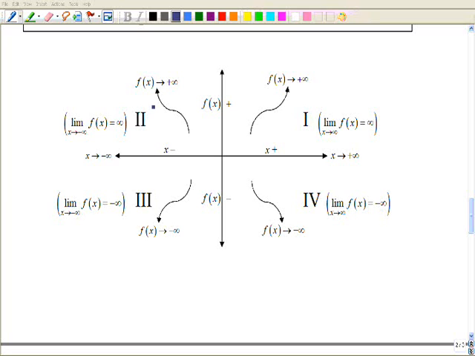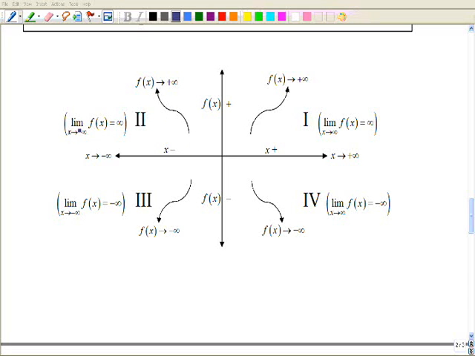On the other side, quadrants 2 and 3, if your left arrow is going up, that means as x is getting really small, the y values are getting really big, that means that your function will end up in quadrant 2.